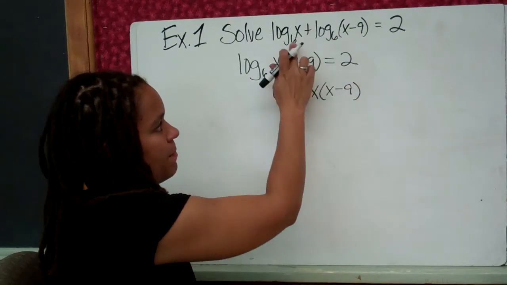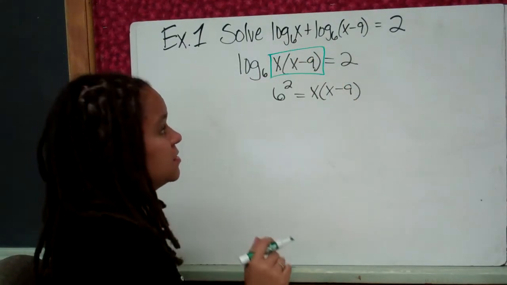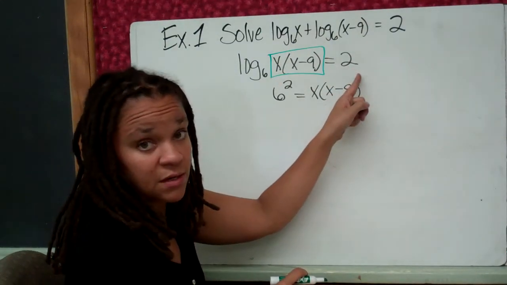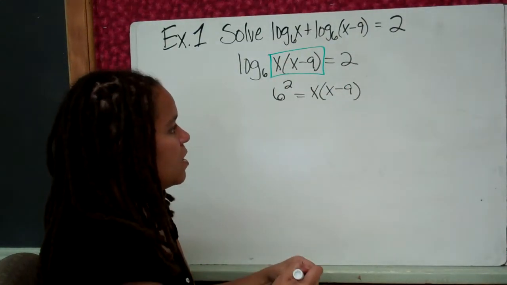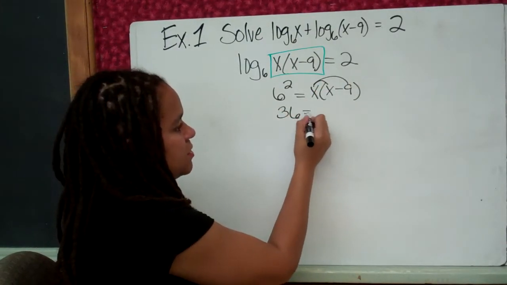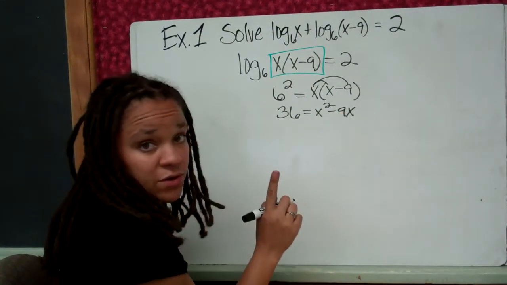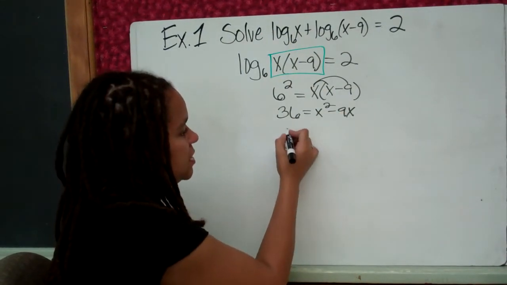So I just used my property. This is like the base to the power of the answer is equal to the big number. So now we can simplify this. We have 36 is equal to x squared minus 9x. If we subtract 36 from both sides, we have it set equal to 0.